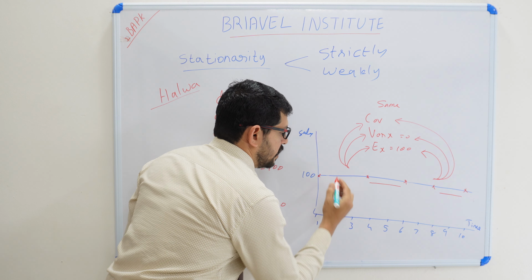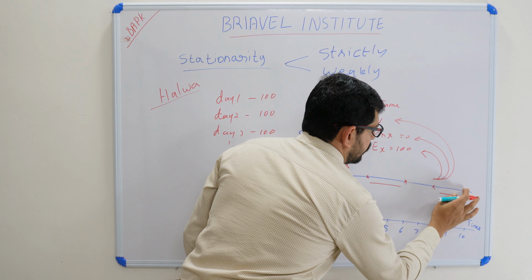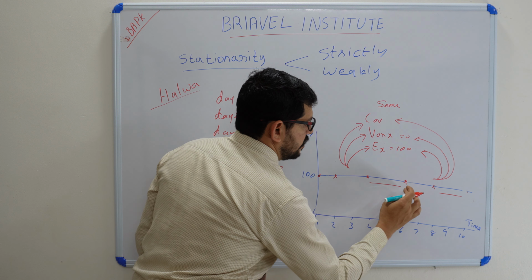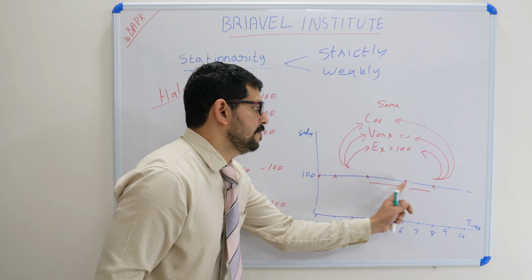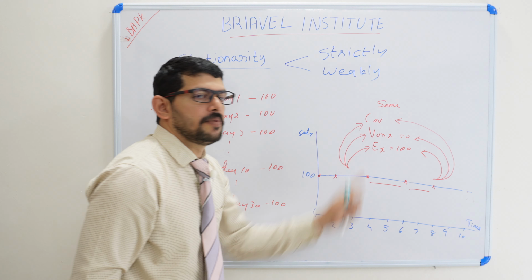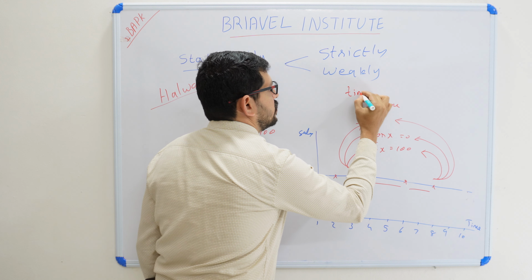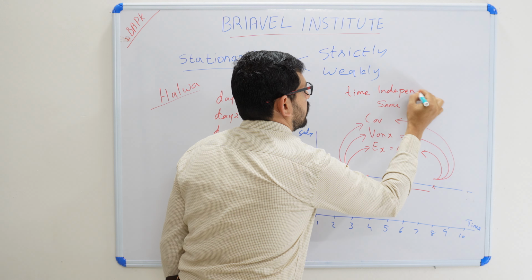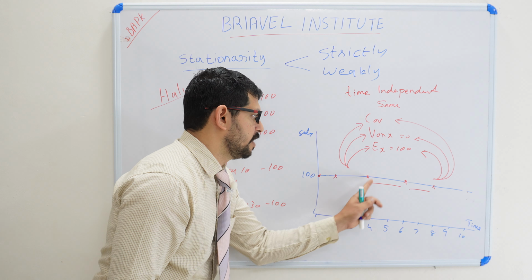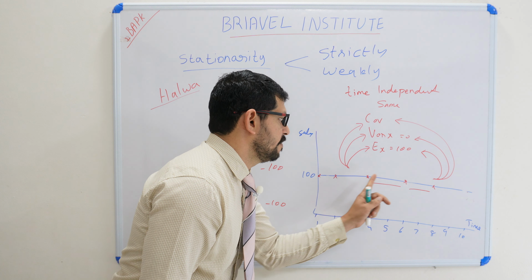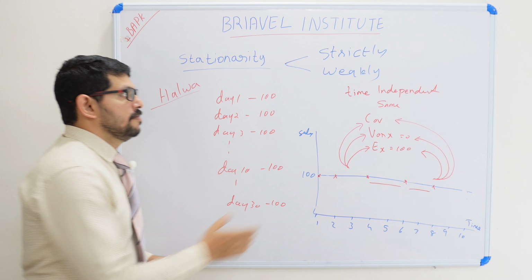If you take another time interval, 2 to 4 and 6 to 8, wherever you take a different time interval, the statistical properties remain the same. So we can say it is time independent, because wherever we take a point on this straight line, in this process, the statistical properties remain the same.